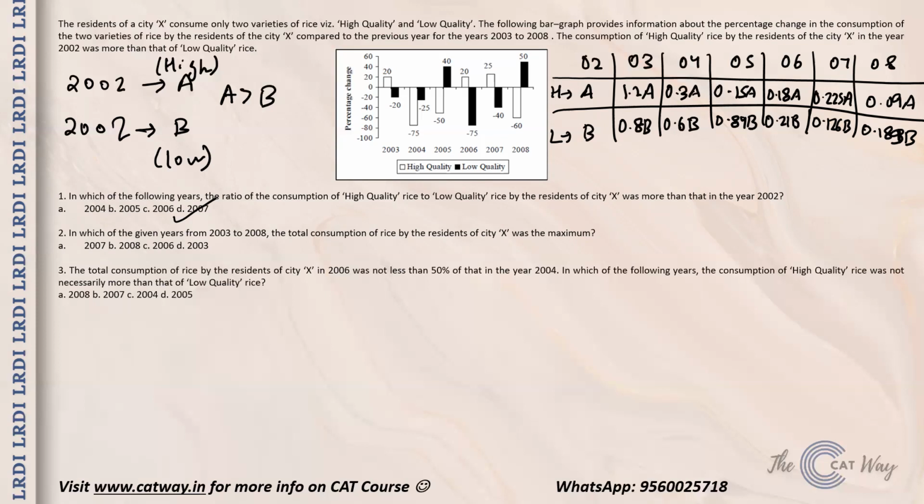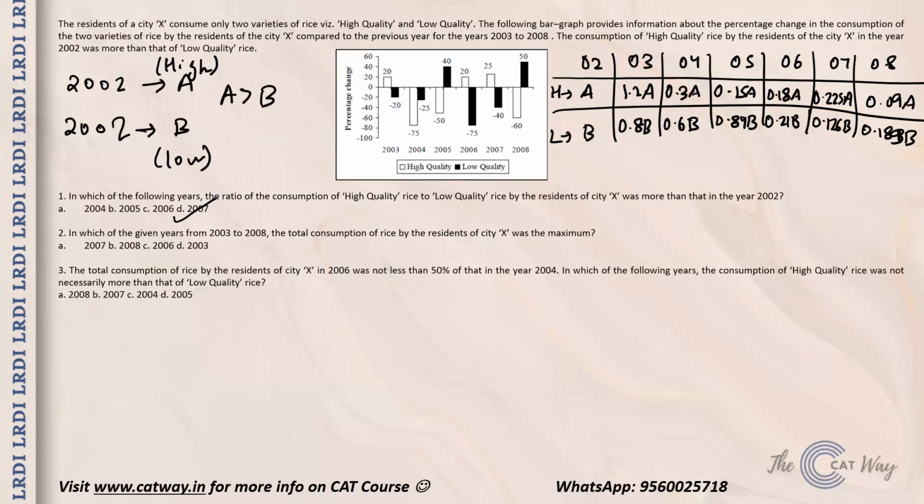And we can see that the maximum consumption of high quality rice happened in the year 2003, it is 1.2A. And if you talk about the low quality consumption, it is highest in 2005 and second highest is in 2003, that is 0.8B.